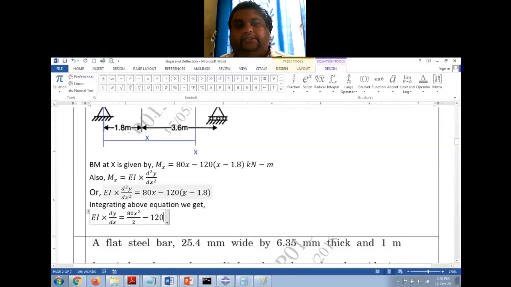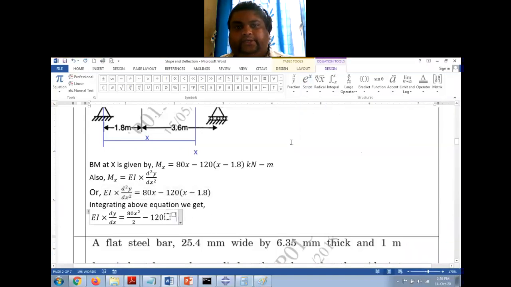Now I have to integrate this x minus 1.8. So you have to integrate this as a whole, right? You have to consider this as x and do not consider these as separate terms, correct?